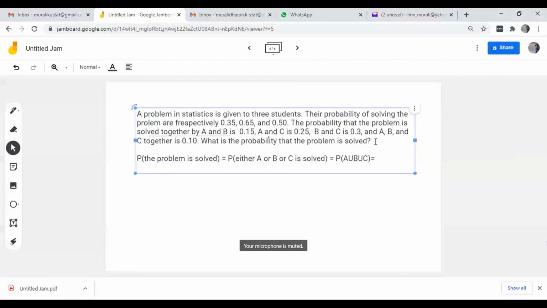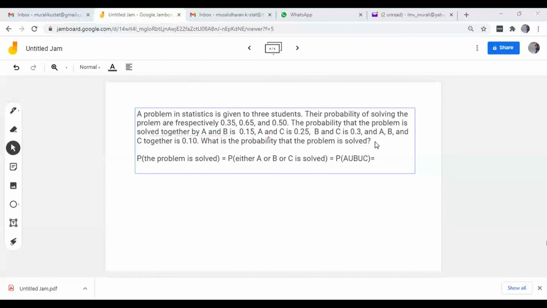See, the two different situations we have. You have to simply implement the formula, that's all.